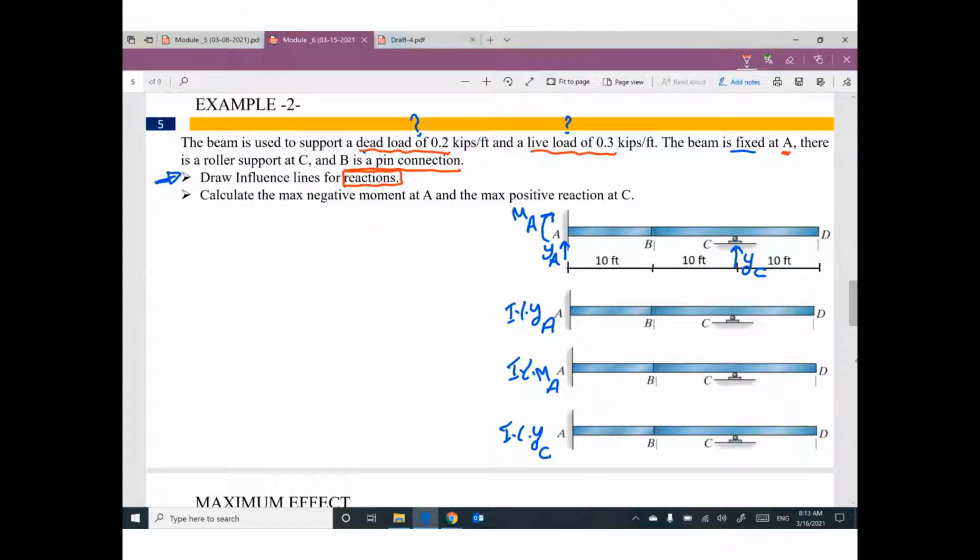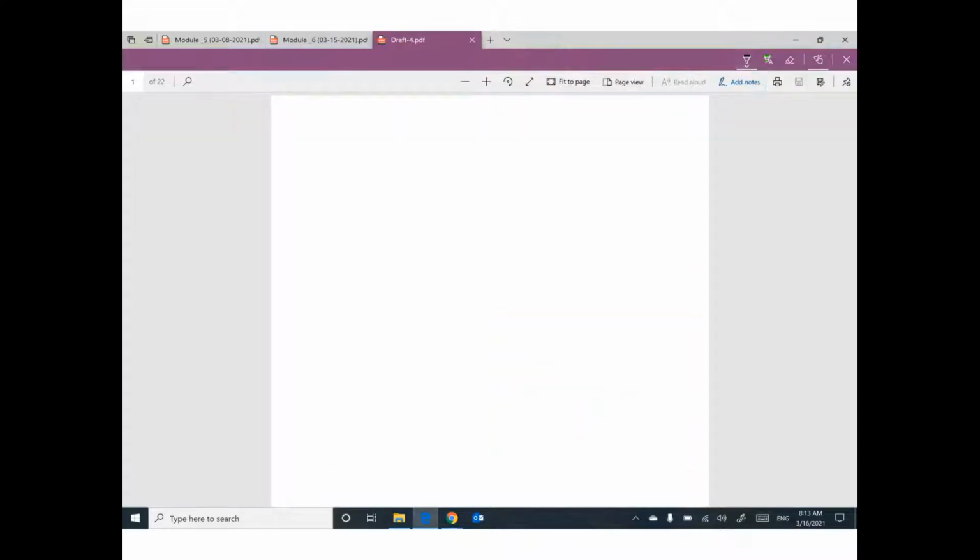Okay, just a reminder. Do you remember, if you have a beam fixed at one end and you would like to draw influence line for the vertical reaction, we need to keep and deform the shape. Move this support up by 1.